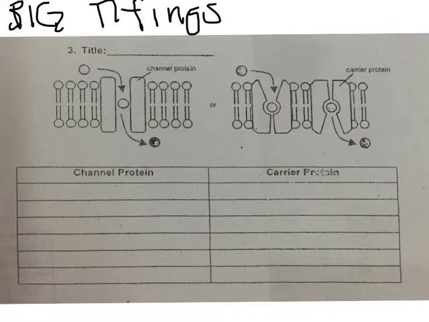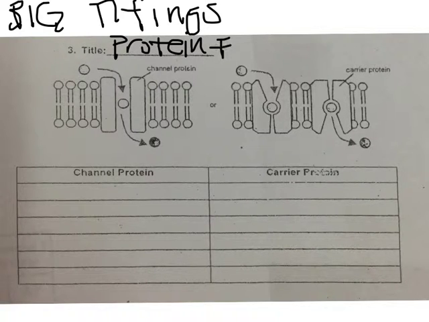And there's two ways that big things get into cells. And both of these ways require a protein. So these are examples of proteins that are facilitating diffusion.